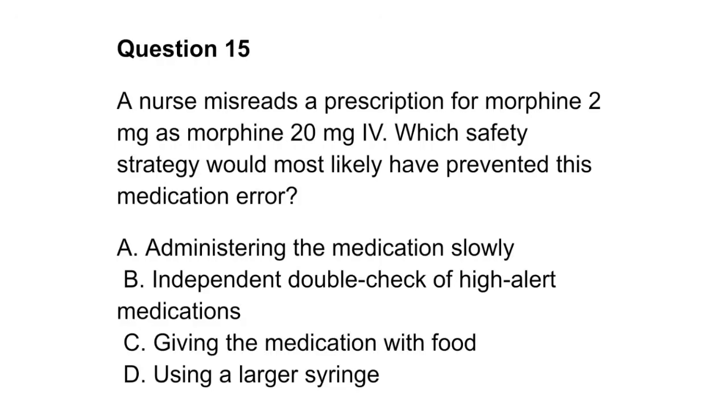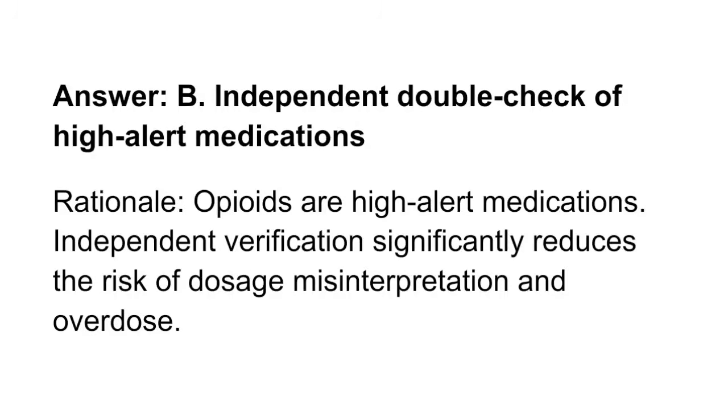C. Giving the medication with food. D. Using a larger syringe. Answer: B. Independent double check of high alert medications. Rationale: Opioids are high alert medications. Independent verification significantly reduces the risk of dosage misinterpretation and overdose.